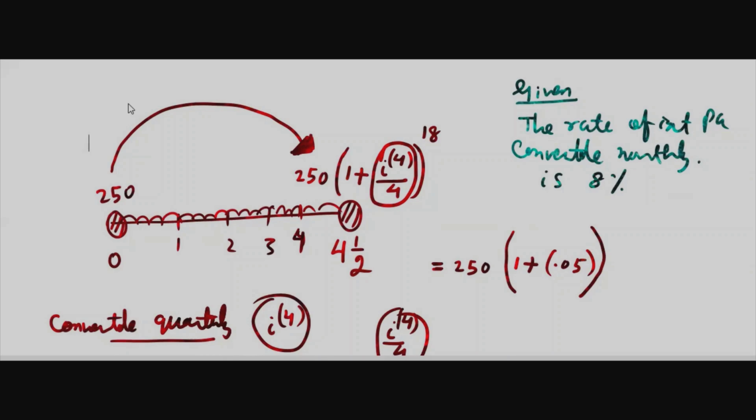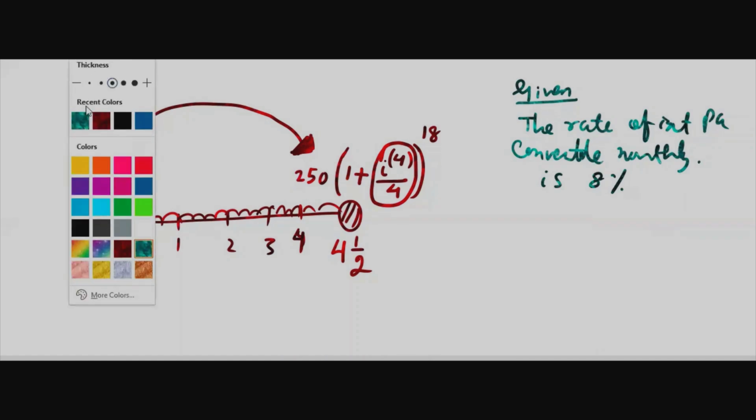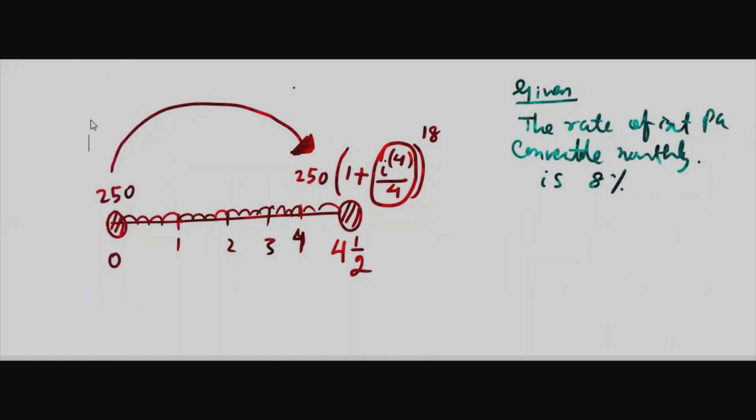Then what will be this expression? So I12 will be 0.08. Yeah, that's fine.